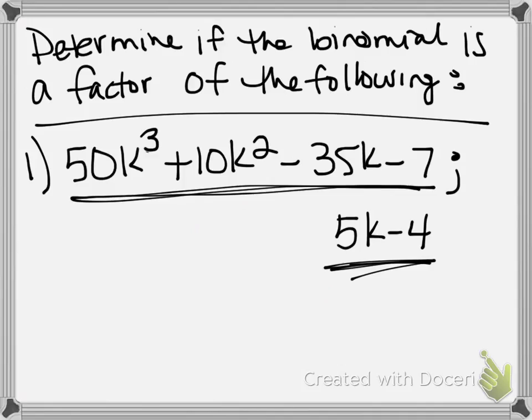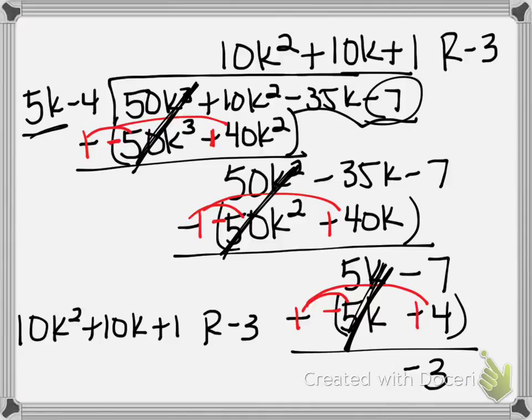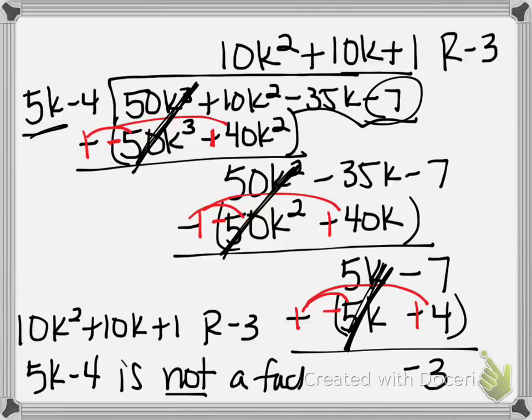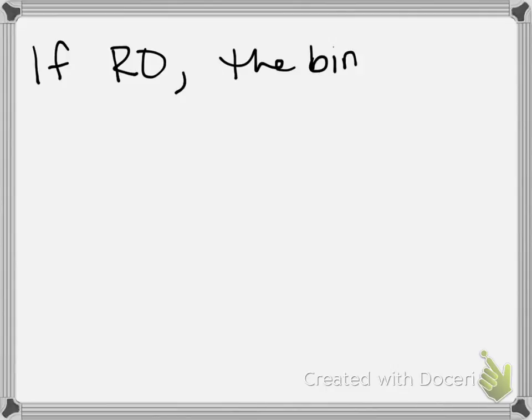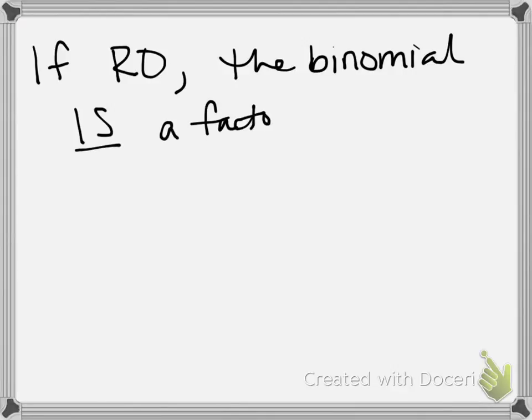Now remember that the original problem said determine if the binomial is a factor. If it's a factor, it will have a remainder of 0. If it's not a factor, it will have a remainder of something other than 0. So 5k minus 4 is not a factor, because we had a remainder of something other than 0. So let's make a note of that. If you have a remainder of 0, the binomial is a factor.